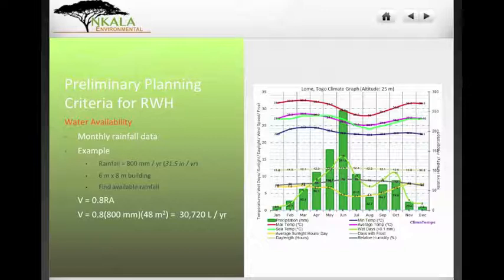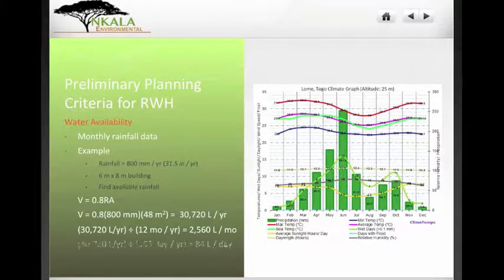Further, we can take that calculation and divide that by 12 months in a year and get that on average, we would expect about 2,560 liters per month. And then we can go even further, divide that number by 365 days in a year, and that tells us that we can expect about 84 liters per day.